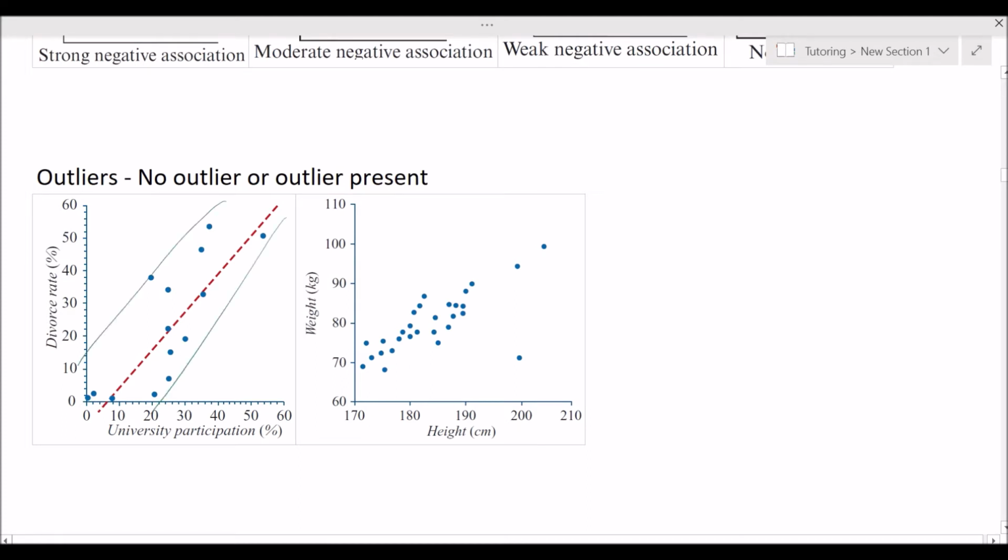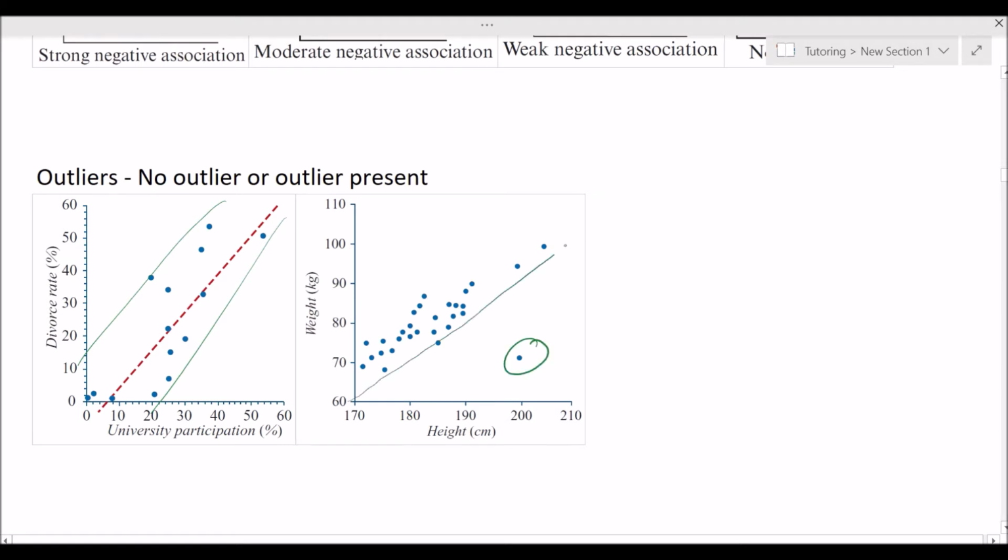Okay, there's some variability. It's not a strong relationship. It might be more moderate, but there are no outliers. Whereas in this example on the right, there is one outlier. See if you can point it out for me, and then I shall show you. Okay, here's the culprit. This is the outlier.